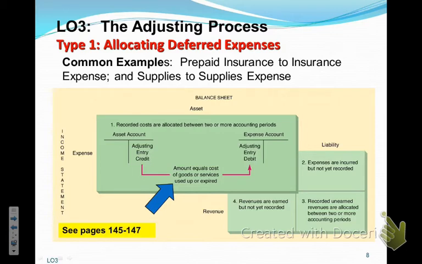So our example here is that we recorded costs that are allocated between 2 or more accounting periods. So our adjusting entry would be to debit our expense account and we would credit or reduce the asset account. The amounts would have to be equal, as we know.